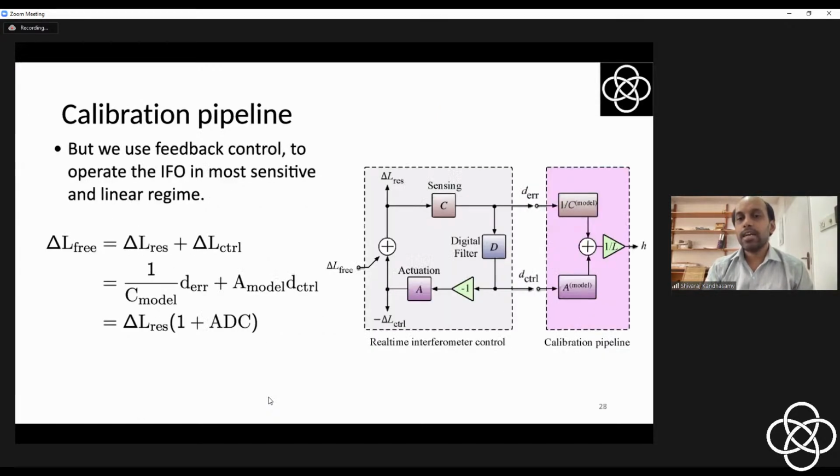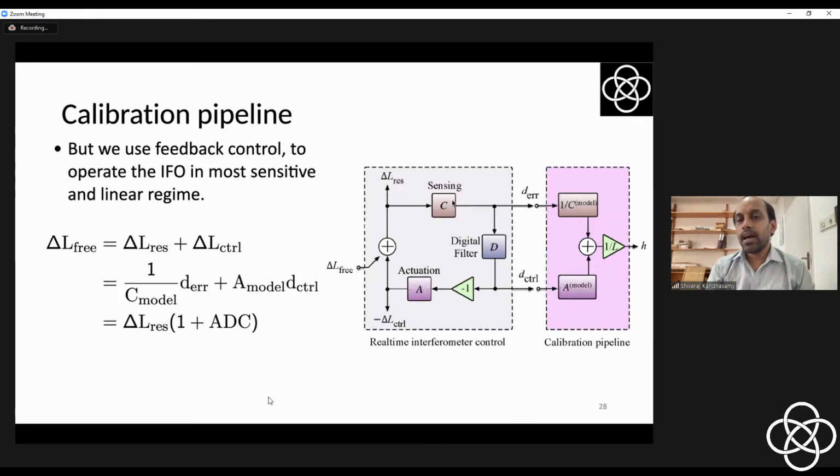But as I said, we do control because we want to keep the light resonant in the interferometer. So because of that, other parts come in. We take the signal at the output port and we apply some correction to that signal, and we use an actuator. Basically, there are controllers in the suspension that move the suspension such that the arm length of the cavity remains fixed.